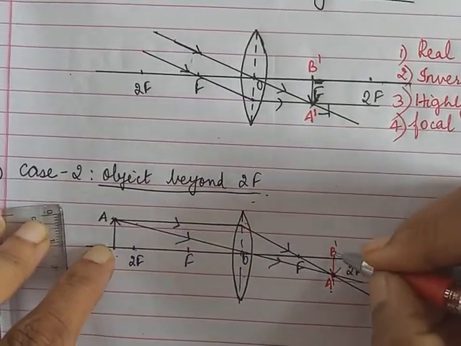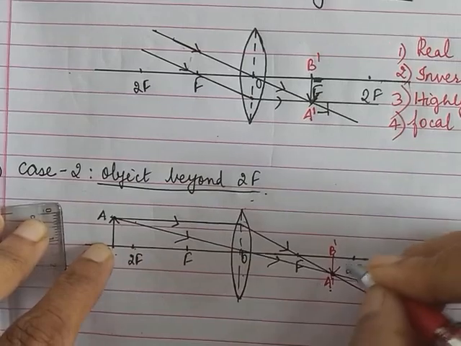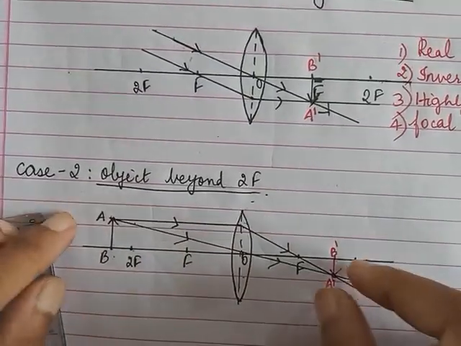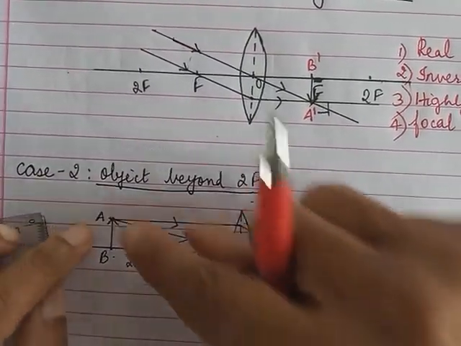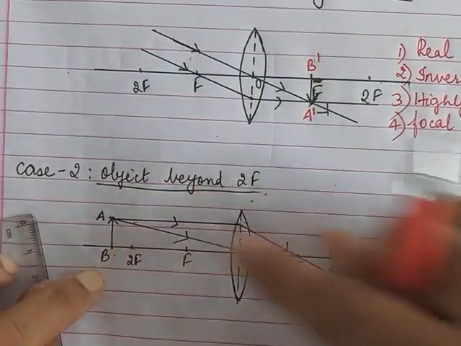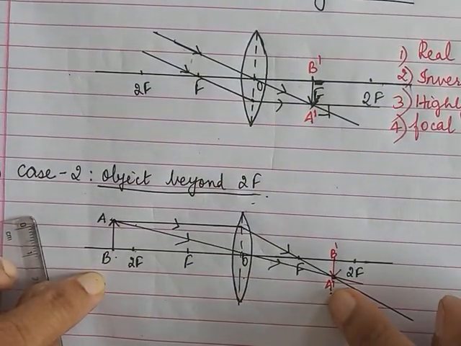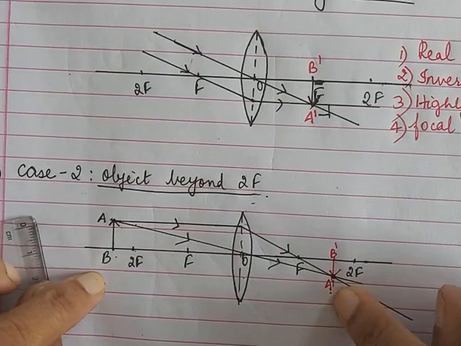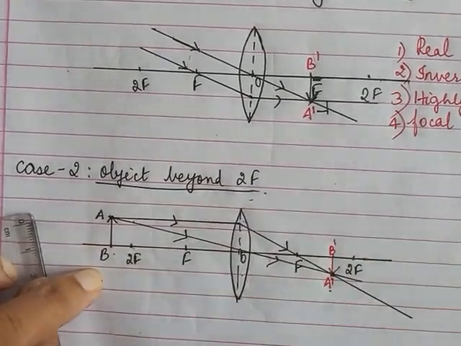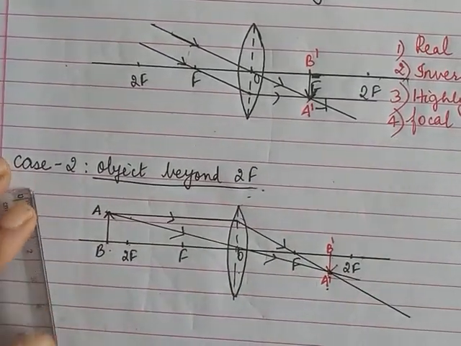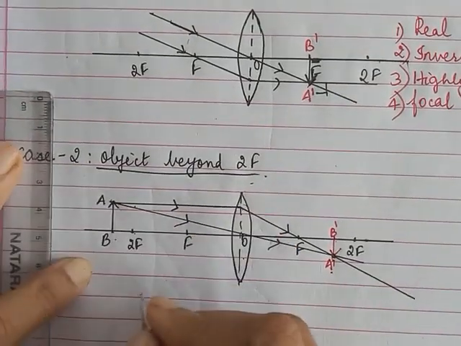So that's why B dash will be on the principal axis. Can you understand how I get an inverted image? Here A is at the top, B is at the bottom. Here it's opposite. A dash is at the bottom and B dash is at the top. Is it clear?